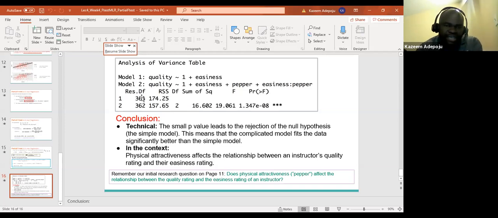What I have here is the residual degrees of freedom, 364 and 362. And here is the residual sum of squares, which are these. And here is the degree of freedom, which is just 2. And here is the sum of squares. And here is the F. And here is the p-value. Maybe you can try and put your question in the right perspective. I don't really get what you mean by why RSS greater than 1.